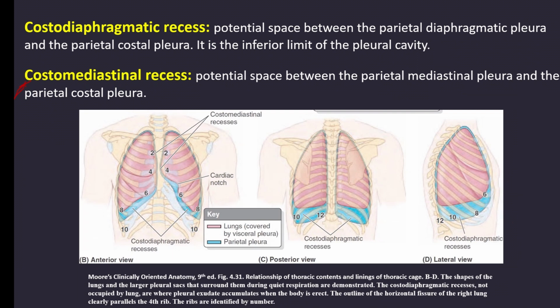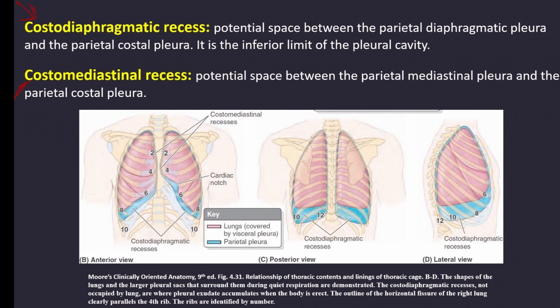We're going to ignore this one. I am going to focus on this one, the costodiaphragmatic recess. That is the potential space between the parietal diaphragmatic pleura and the parietal costal pleura.